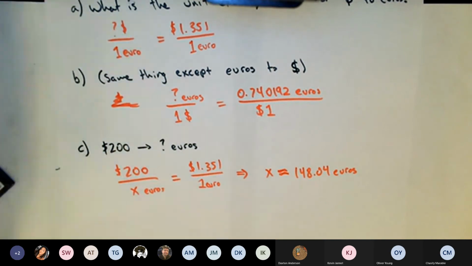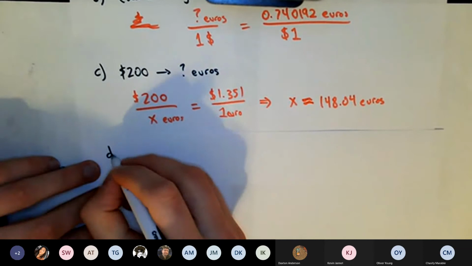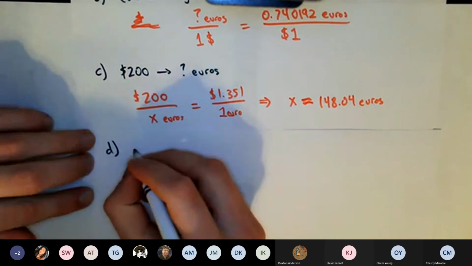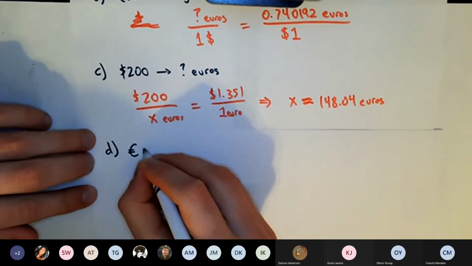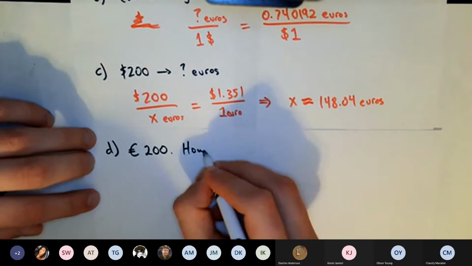Okay, so part D is interesting. It says she sees, oh, there's the symbol for euros, she sees a leather bag priced at 200 euros. How much is this over her budget?